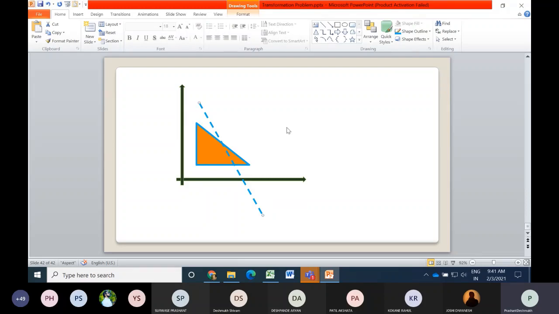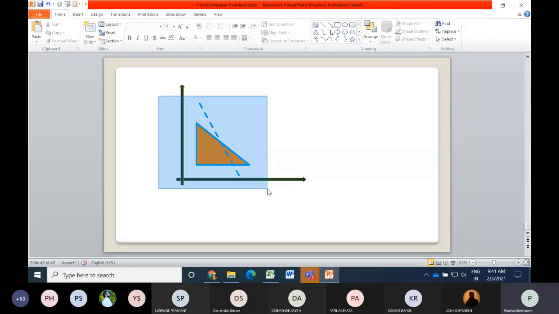Okay. So, what are the steps? We can find this point of intersection with the x-axis, if the line is given like this, so we'll consider a line like this. Okay, so first step, this intersection point should be at the origin.